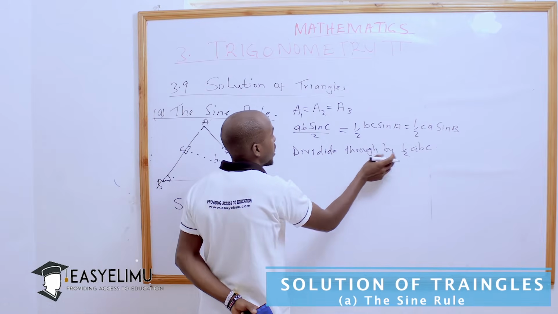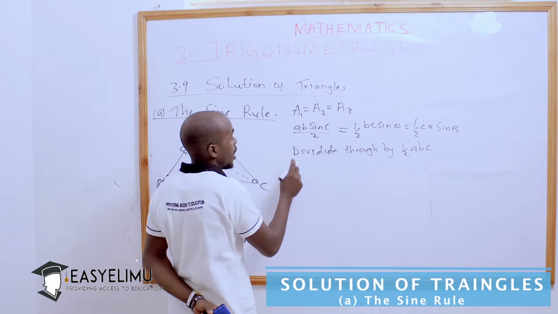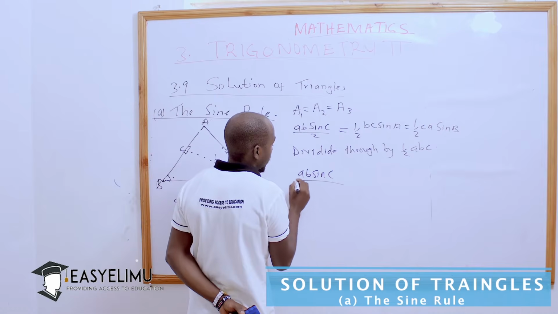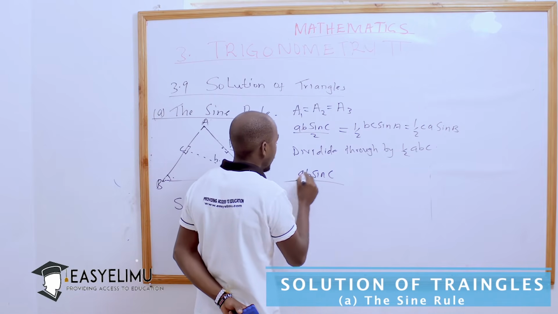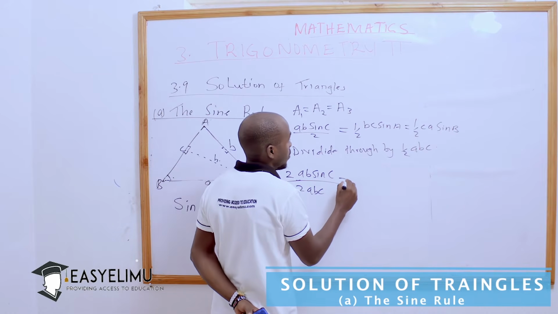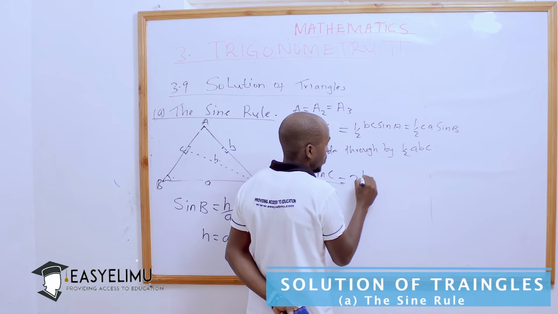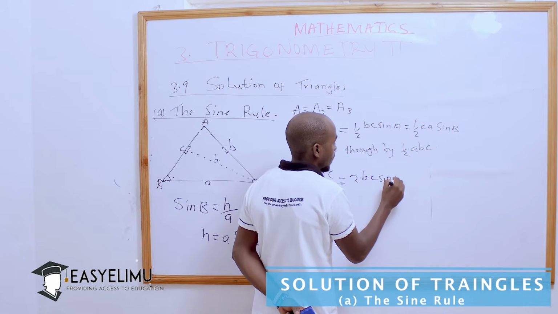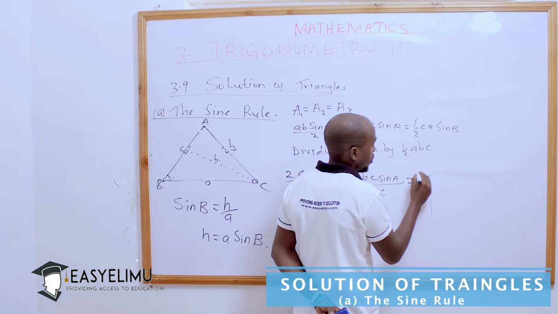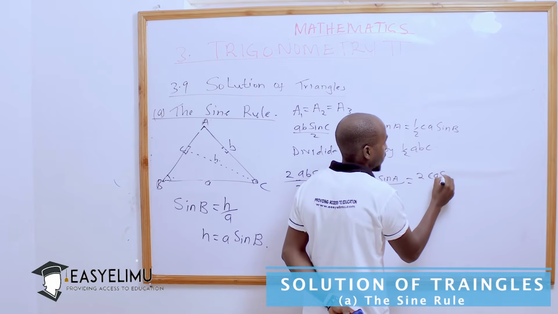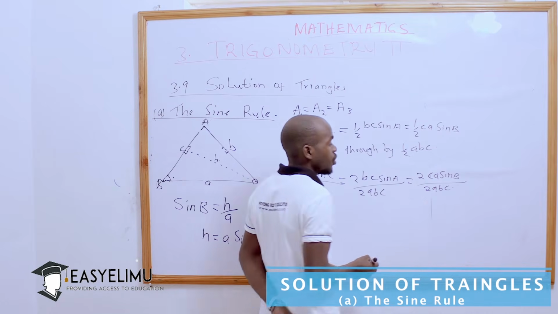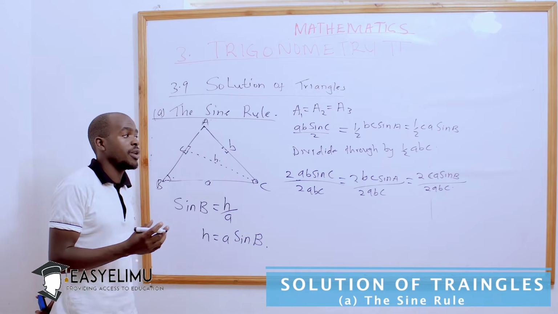If we do that, we are going to have AB sine C over 2ABC, which is equal to 2BC sine A over 2ABC, which is equivalent to 2CA sine B over 2ABC.